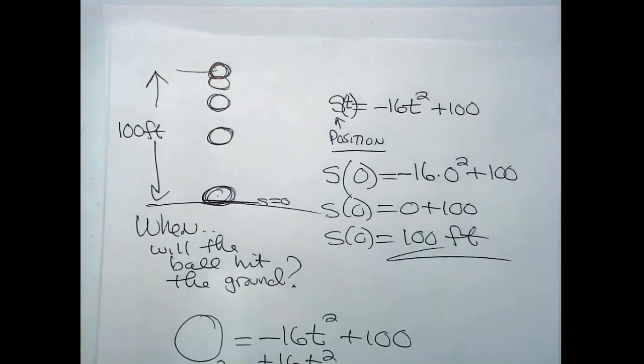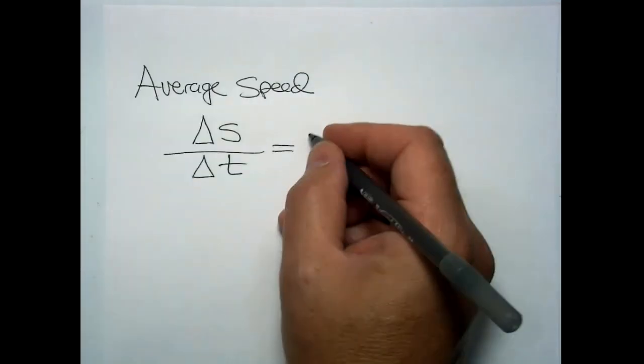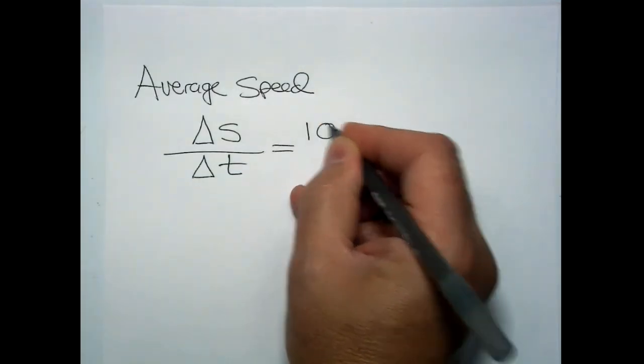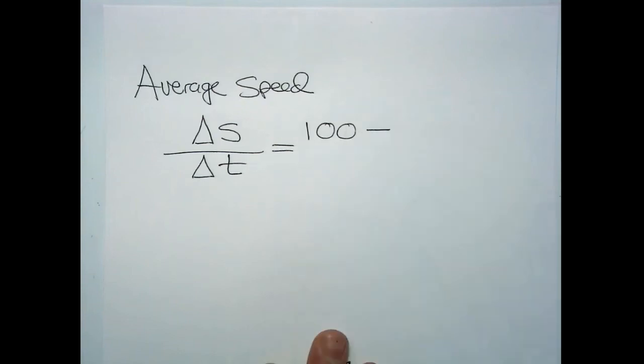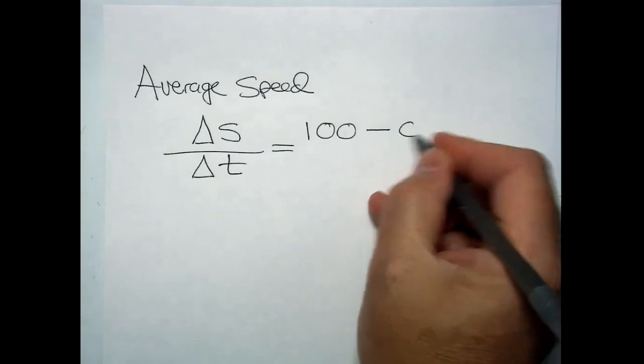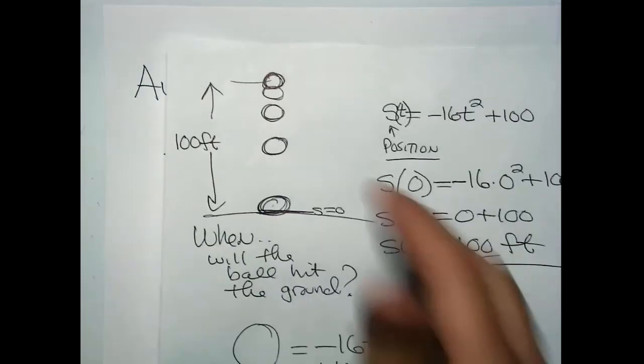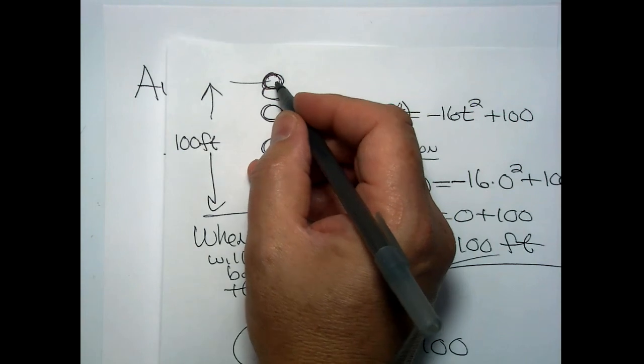Now, at the beginning of the problem, which is up here, the position is at 100, so 100 feet. So I would say my beginning position is 100 minus, at the end of the problem, my ending position is 0. Okay, next, time. At the beginning of the problem, I'm just about ready to let go of this ball.